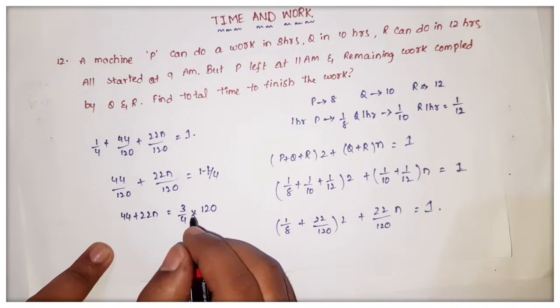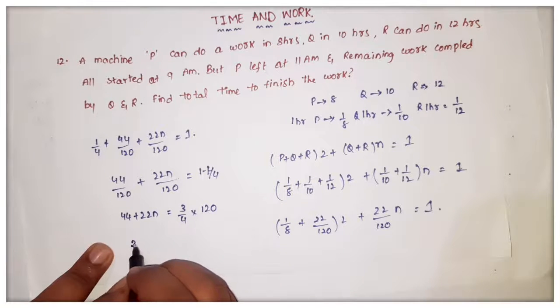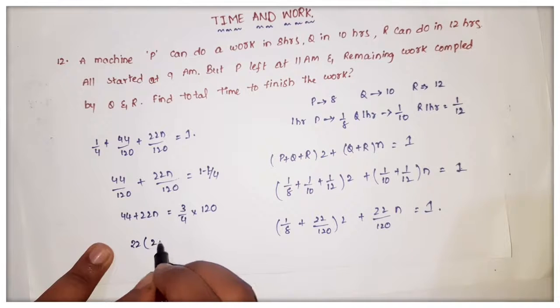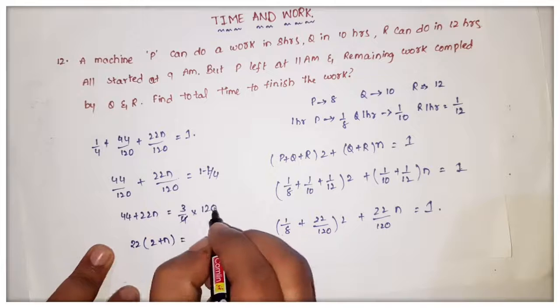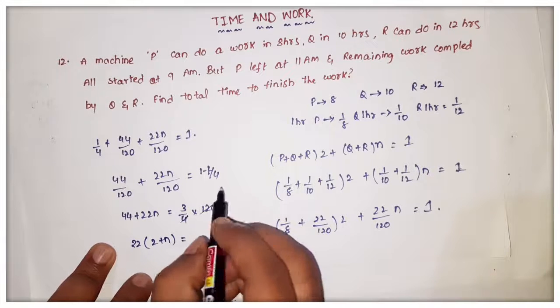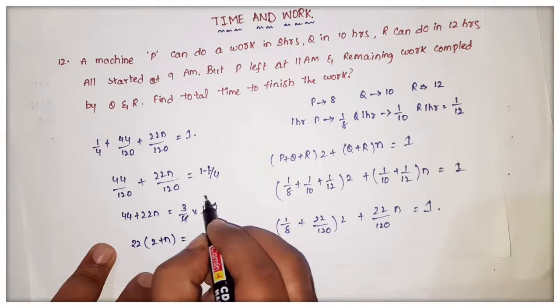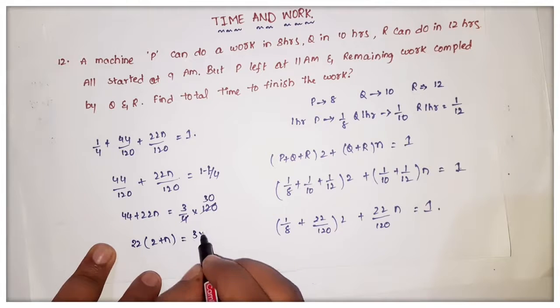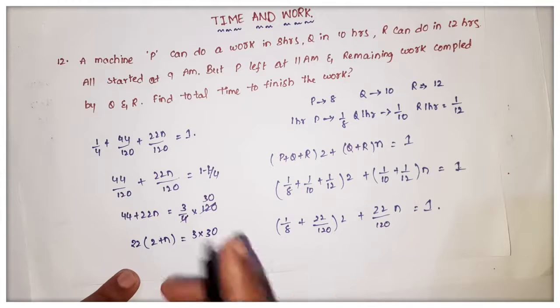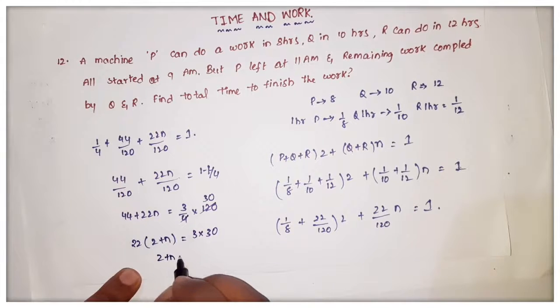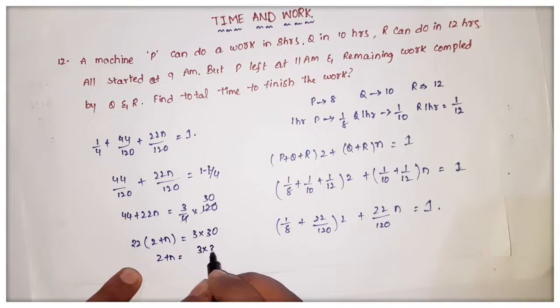So we take 22 as common. 2 plus N will be 3 into 30 by 22.